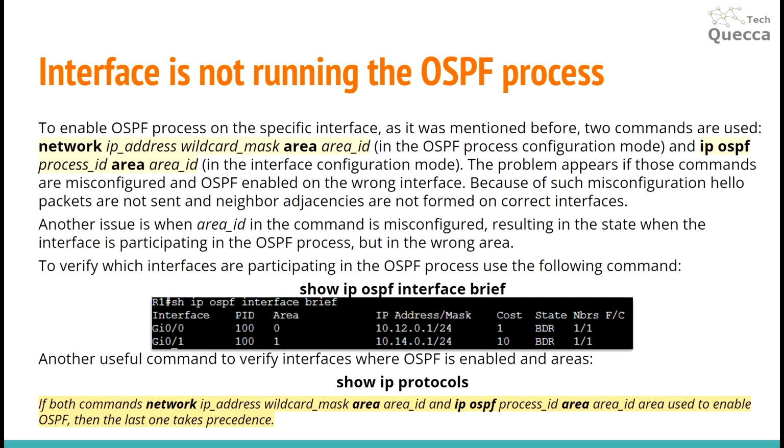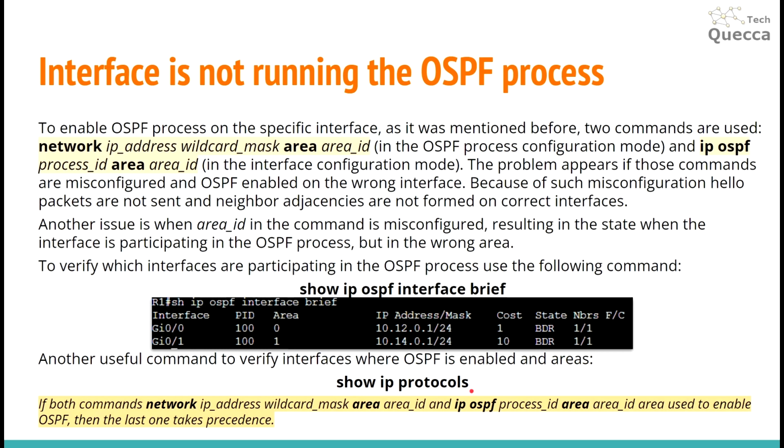To verify which interfaces are participating in the OSPF process, use the following command: show IP OSPF interface brief. Here you can find interface on which OSPF process running, process ID, area, IP address, cost, and state of this router on this link. Another useful command to verify interfaces where OSPF is enabled and areas is show IP protocols.